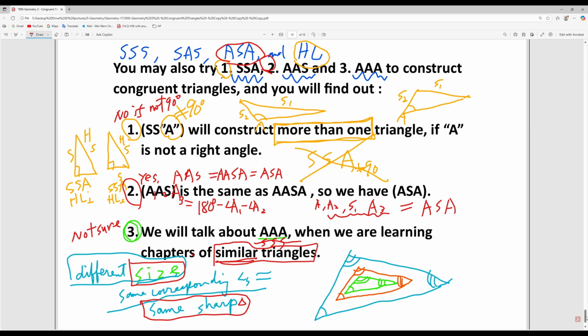If the same size, then it's called congruent triangles. If not the same size, we call it similar triangles. So today, in the end, other than congruent triangles, later on, in the next chapter, we are going to learn similar triangles.